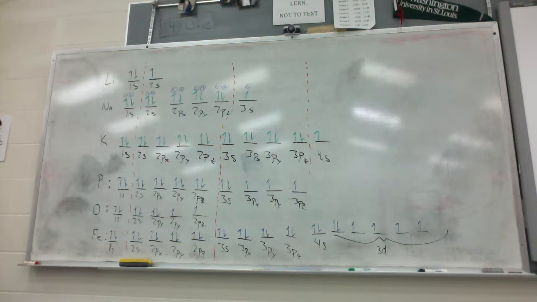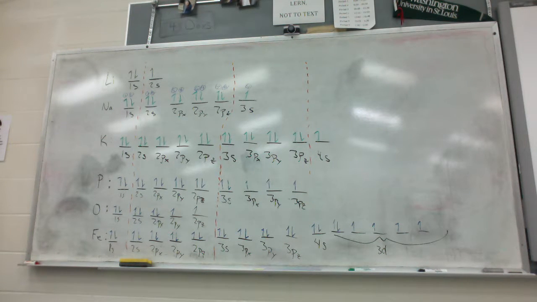Why don't you guys go ahead and do europium, which is, if I remember right, 63. Ready, set, go. Okay, we don't have that much time to waste. You see where I'm going with that? That's a lot of lines, that's a lot of arrows, that's a lot of stuff.